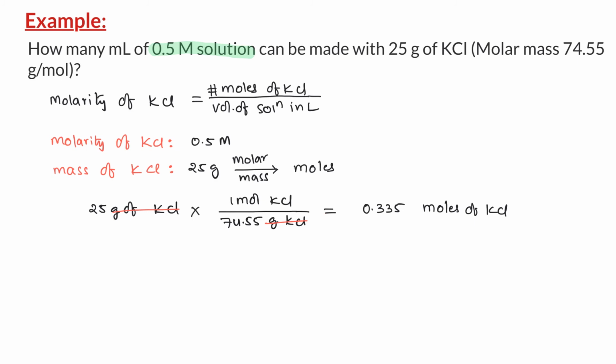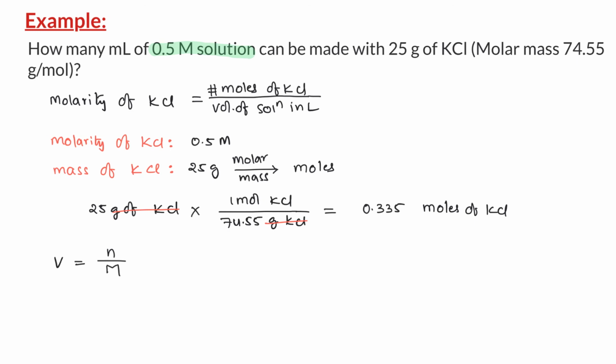Now we have the molarity of the potassium chloride and the moles of potassium chloride. We plug these values into the formula to calculate the volume of the solution. If we rearrange the formula, we get the volume of the solution is equal to the number of moles of solute, that is potassium chloride, divided by the molarity of the solution.